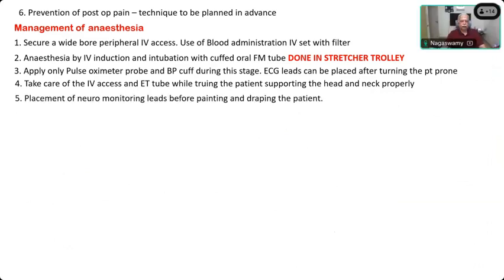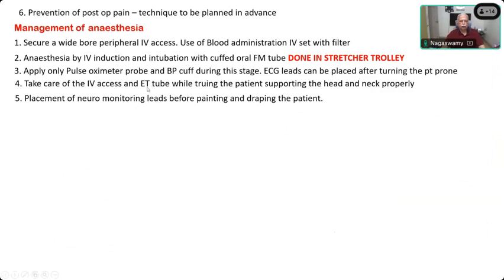Many times, most of the junior surgeons don't take care of that. They allow the cervical spine to be flexed from the upper body support. That will cause severe post-op problems, and edema will be more. So you have to keep the cervical spine in alignment, in a straight line with the upper thoracic spine. That is the correct way of positioning the head and neck.